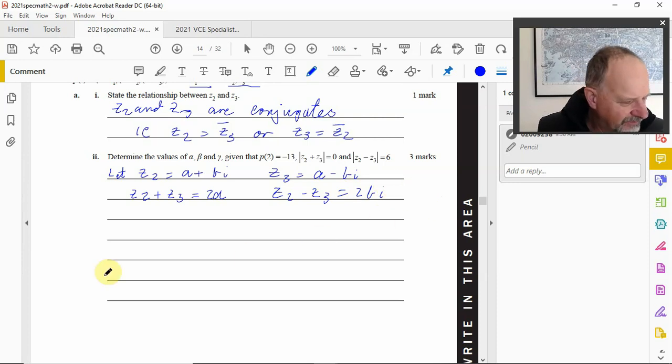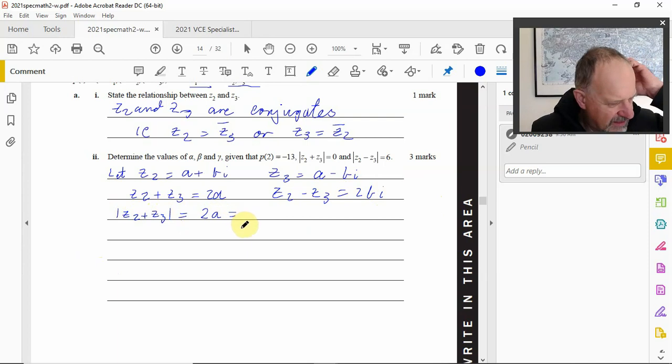All right, now the magnitude of Z2 plus Z3 then would simply be 2A, and that has got to equal 0, and that's from here. So that's why I've gone the Z2 plus Z3 and the Z2 minus Z3, because that's what it was up here. All right, and so that's equal to 0, so from that we know that A is 0.